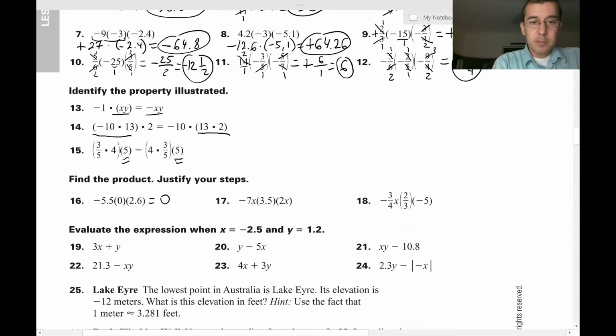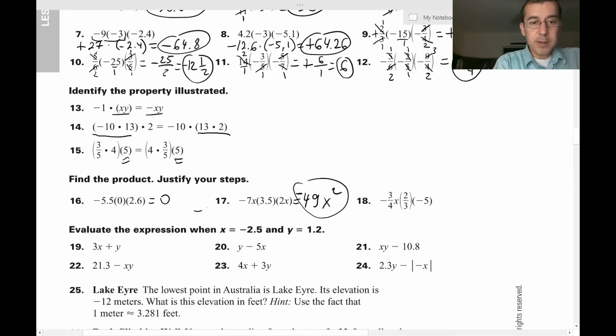17. We can multiply 3.5 times 2. That's 7. And then 7 times 7 is 49. And then this negative sign here, negative 49. And then x times x is x squared. So minus 49x squared. Or let's do it step by step. So let's factor out first the numbers.